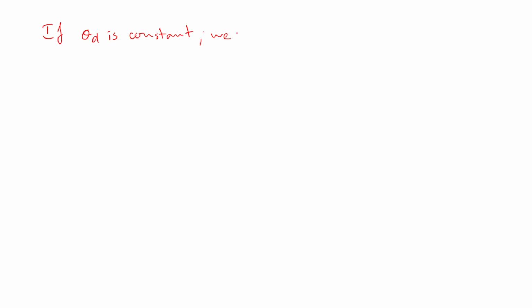We call this kind of control regulation control. This is a new term for you. Regulation control means we only want to regulate the motion to a certain constant, but we may change the constant from time to time.